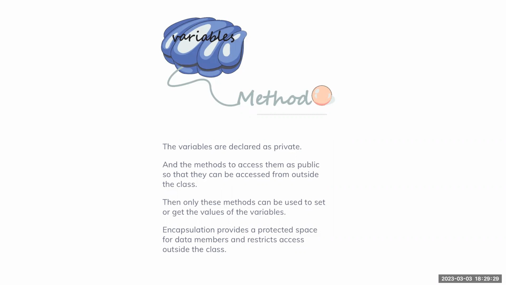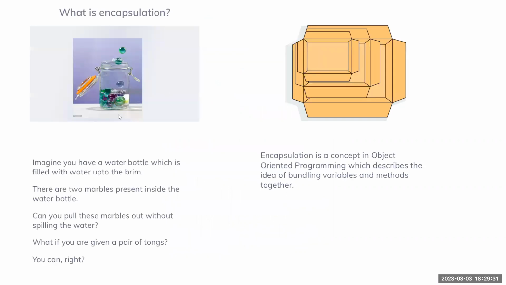Let me go back to the example now. Why did I take a glass and marbles example with water full in it? The marbles you see inside the bottle, treat them as private marbles.